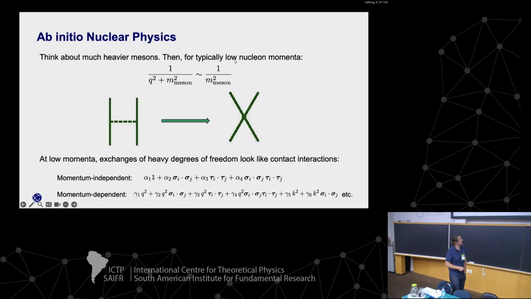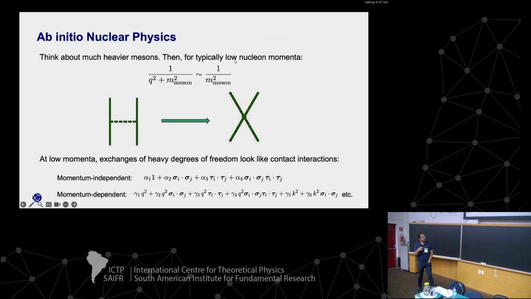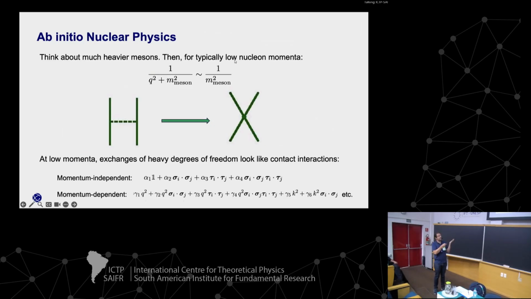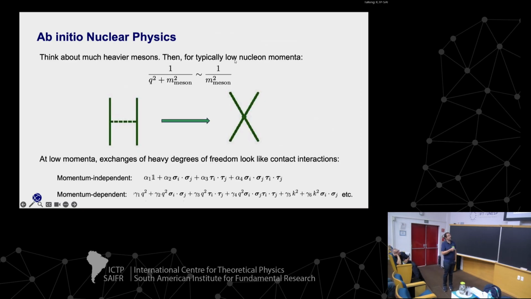Very good. I told you about the pion exchange, but imagine this is a very, very heavy meson. If you look at the propagator of this meson, and momenta are low because we look at low momentum nuclear interactions, this can be approximated as just a number, which is 1 over the mass. And this meson exchange becomes a contact interaction.